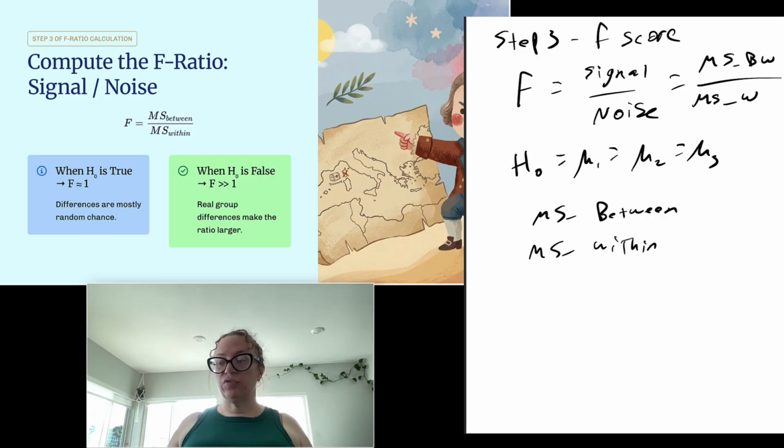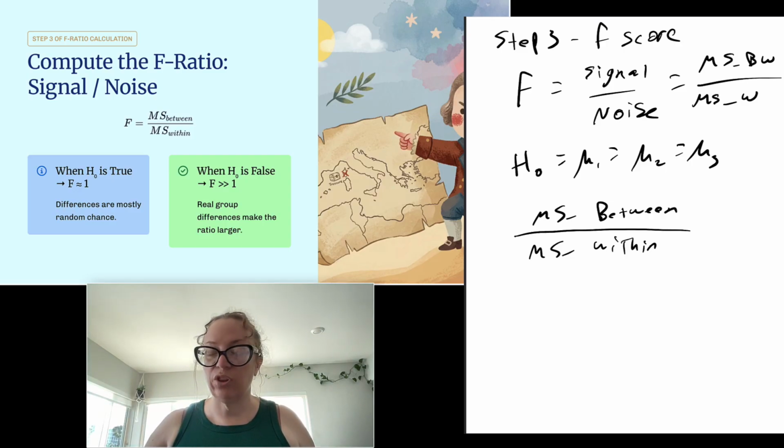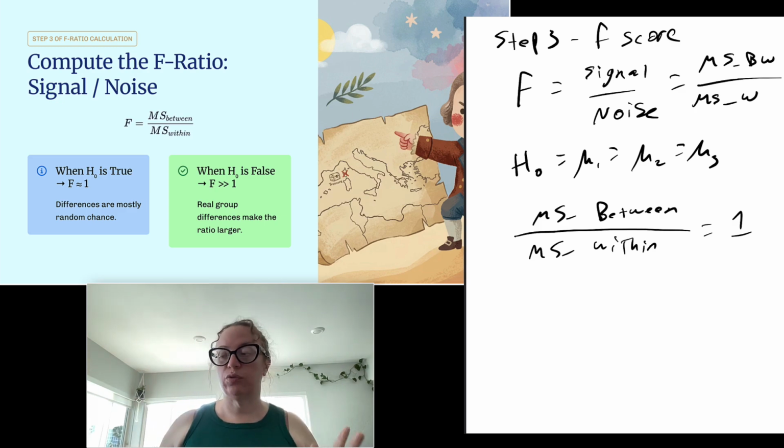There's not going to be much of a difference between those two. And if you look at the ratio, which is the same thing as a fraction, then it's going to equal roughly 1, okay? There's no difference between them. If this is 100, this will be 100, which equals 1. 100 divided by 100. If it's, I don't know, 49 between, it's roughly 49 within. 49 divided by 49 is 1. Okay, so the ratio that says there's no difference is roughly 1.